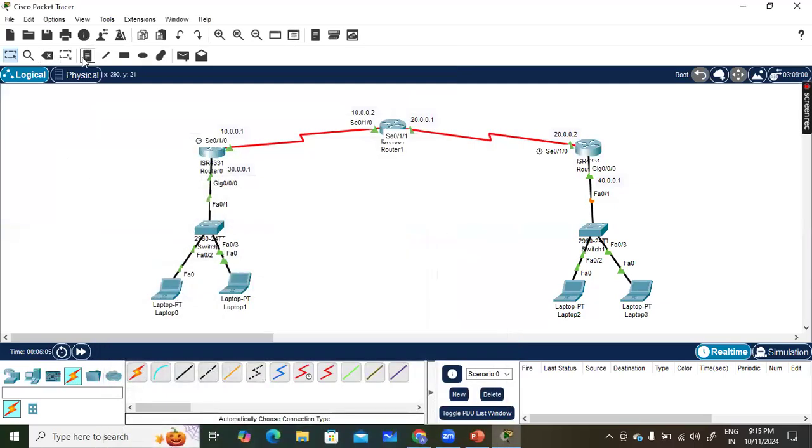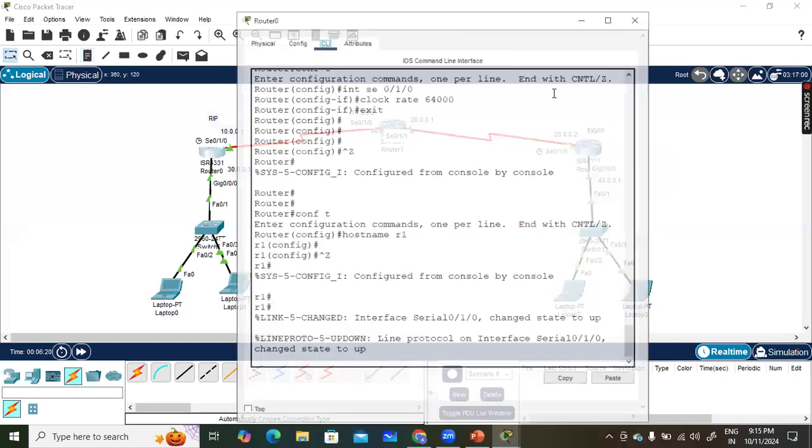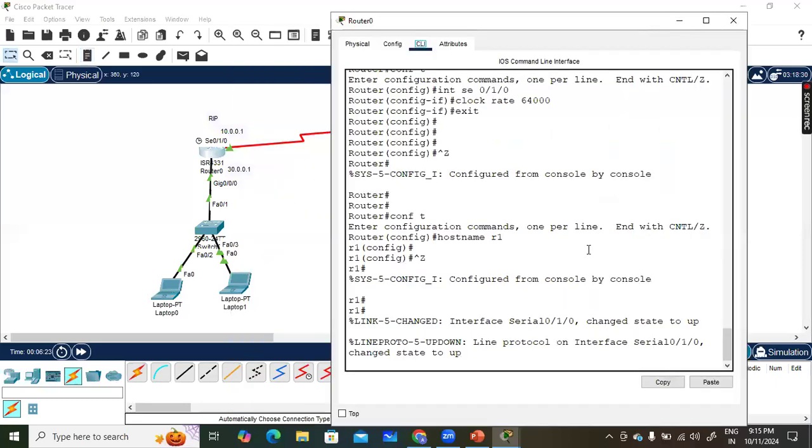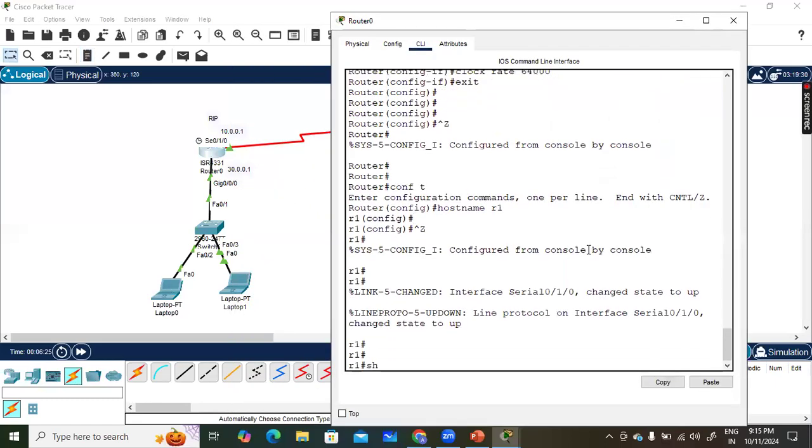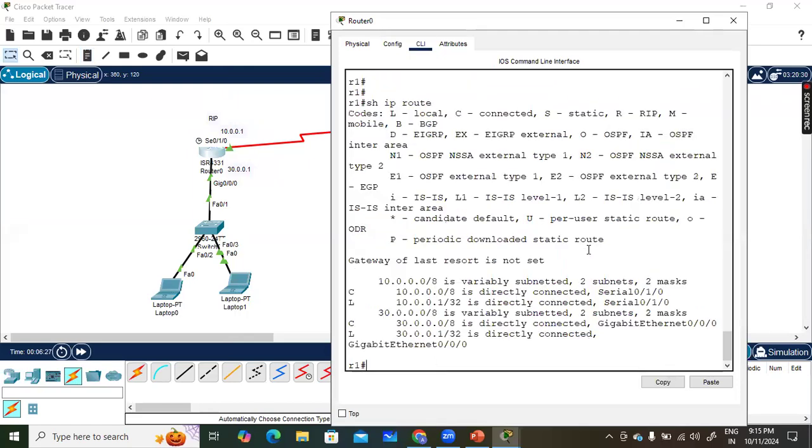Okay, now what we are going to do is configure RIP on router 1 and EIGRP on router 3, like this. So go to router 1. See all the networks, show IP route, enter.